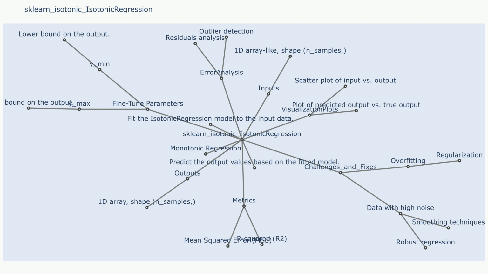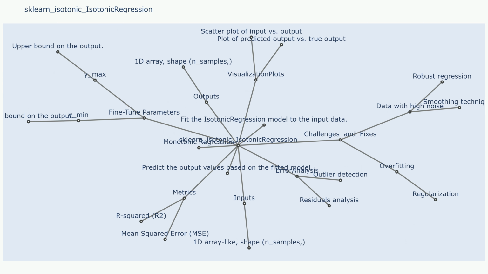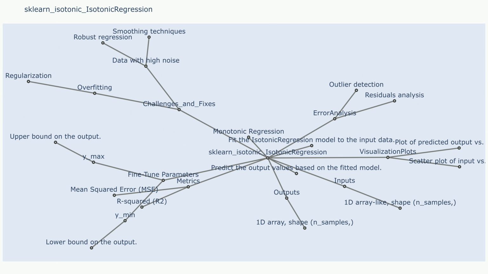Uncertainty methods: bootstrap resampling, the model can be fit multiple times on different bootstrap samples of the data to estimate the uncertainty in the predicted values. Confidence intervals: the model can be used to calculate confidence intervals for the predicted values.